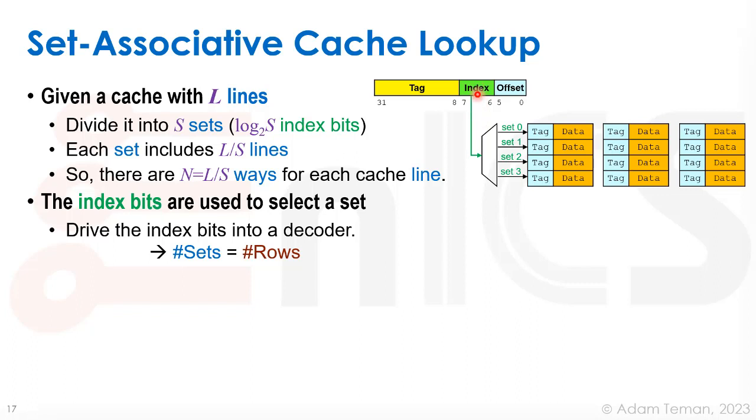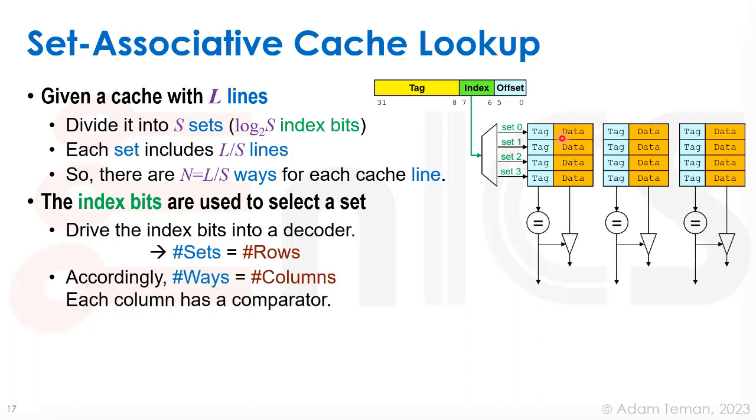It's really worthwhile thinking about the sets as being in the rows, because the index bits go into a row decoder that selects one of them. And therefore, the ways are going to be in the columns. So we select set 0, and our cache line can be in any one of these 3 places.